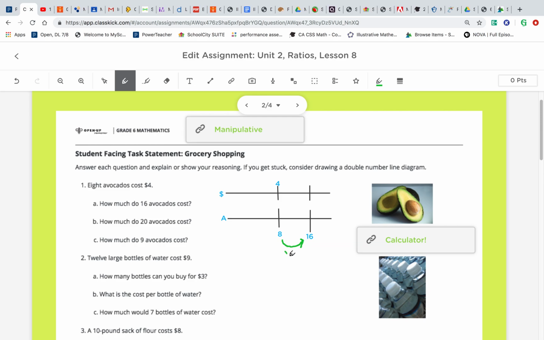In this case, it's multiplying times 2. So what that means is we need to do the same thing on this number line. We need to do this times 2. All right, so what's 4 times 2? Well, 4 times 2 is 8. So we can drop in a box here and call that 8.